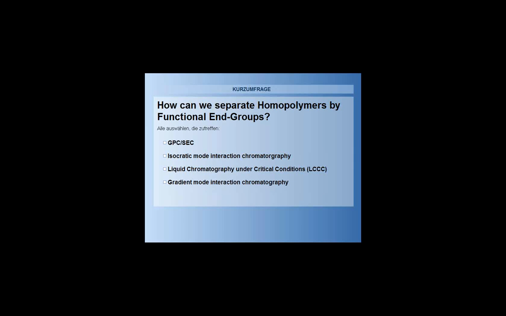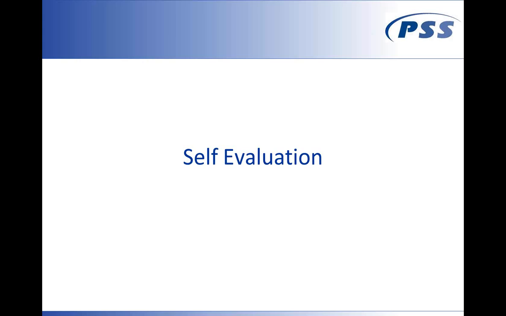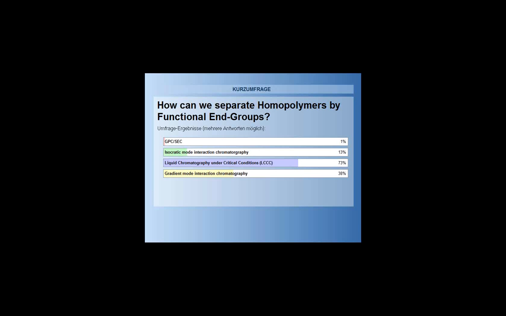I'm showing about 80% of the votes in, so I think I will close the polls right now and will display the results. So the results are 73% of you said liquid chromatography under critical conditions is how you can separate homopolymers by functional end groups, followed by 38% saying gradient mode interaction chromatography, 13% isocratic mode interaction chromatography, and 1% GPC-SEC.